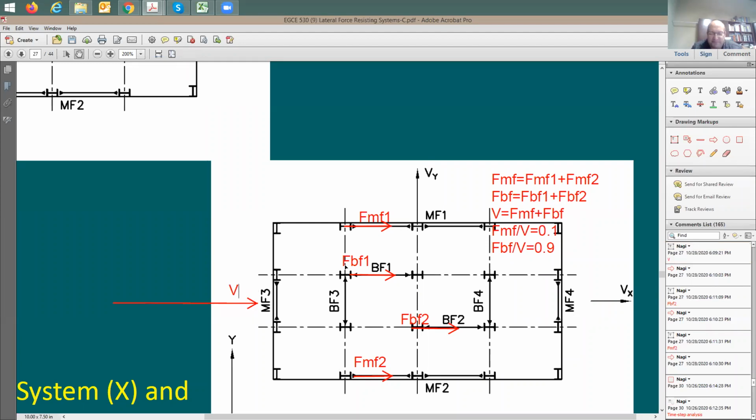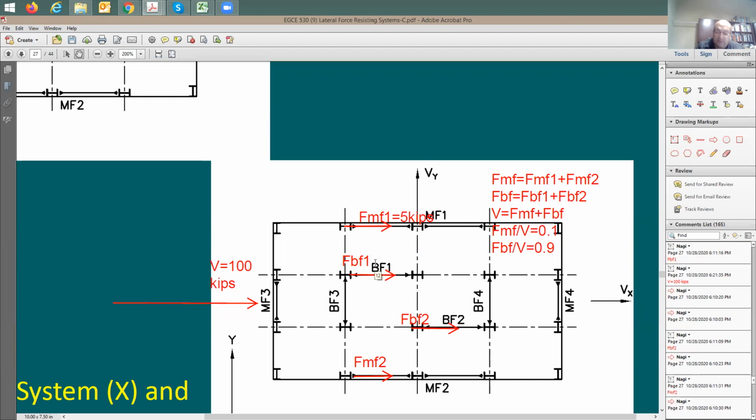Yes, this here is going to be equal to 100 kips. Of course, I'm going to be changing the numbers. It doesn't need to be exactly 100 kips. 100 kips here for the total base shear. This MF1, I'm going to put equals 5 kips.